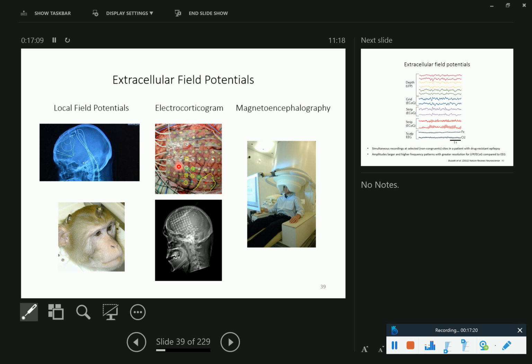And for human patients, they use this ECoG data to put electrodes on the temporal cortex to figure out what's going on with epilepsy. And of course, they close the skull again. And in humans, these are of course not terminal experiments. Then of course, they can be removed again.